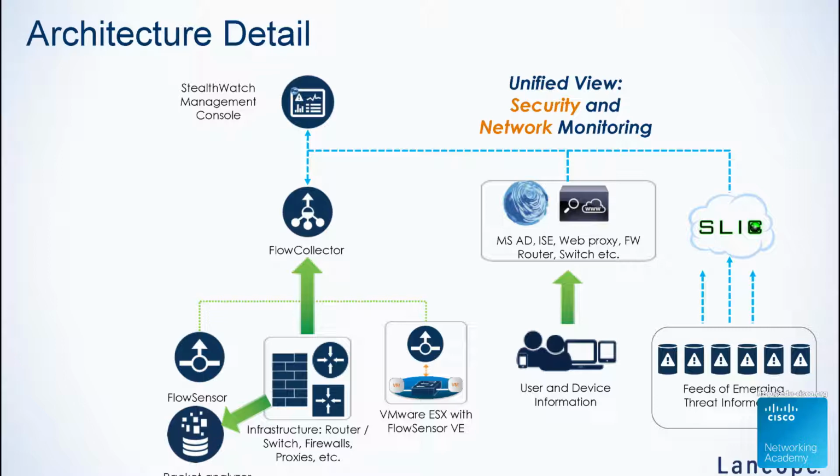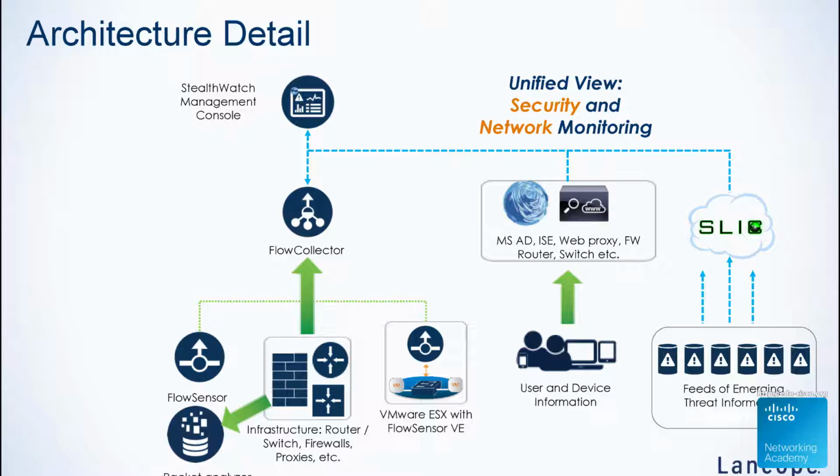So we have countries or SPs who are trying to push millions of users through us, and we're able to hold up. So we scale incredibly well up, but we also have a lot of customers with 100 or 200 or 300 users. So it scales as well down as it does up. The collector stores all the data, does all the anomaly detection, and then we have a management console that is the reporting engine.